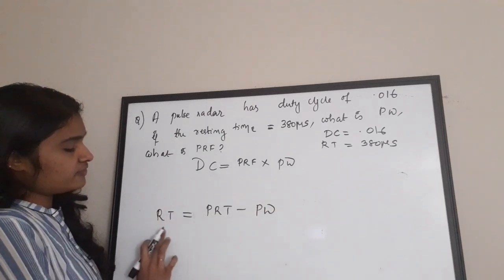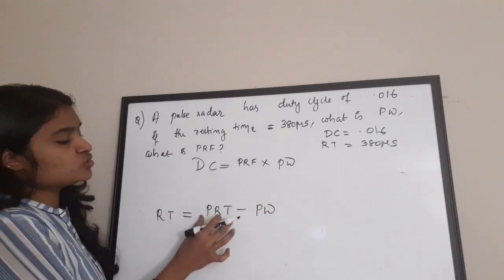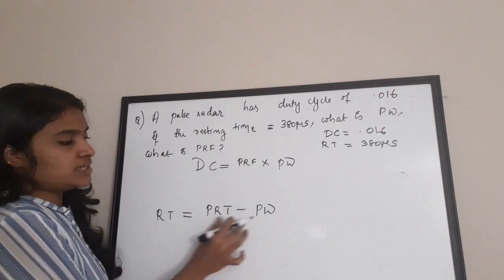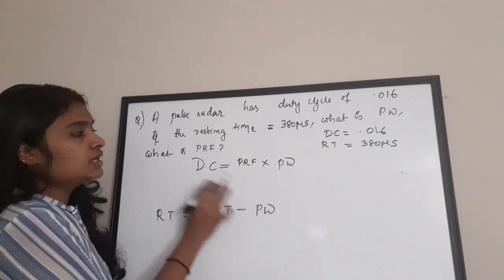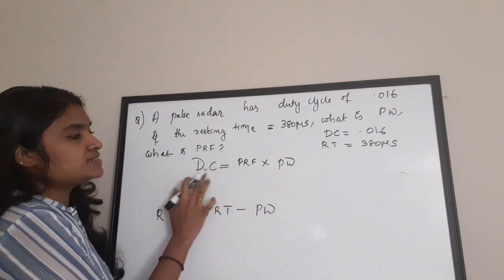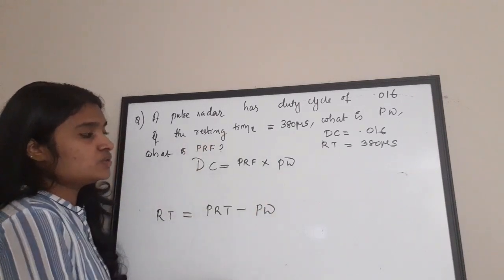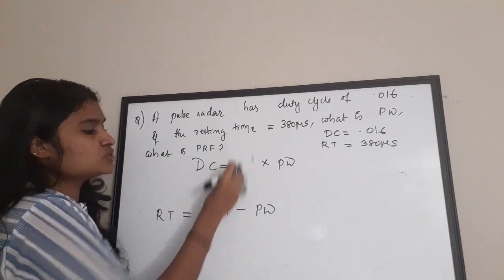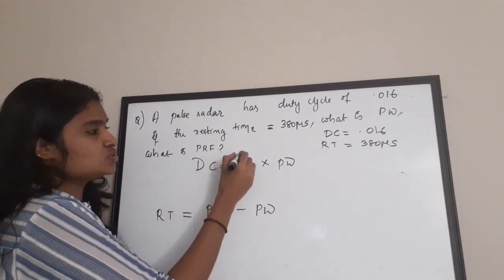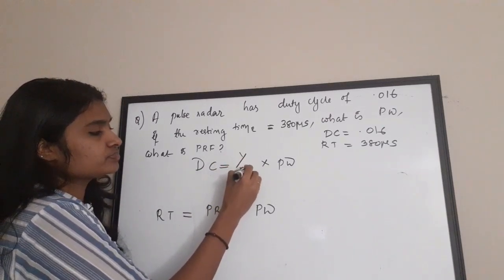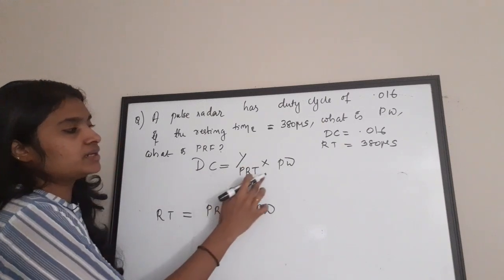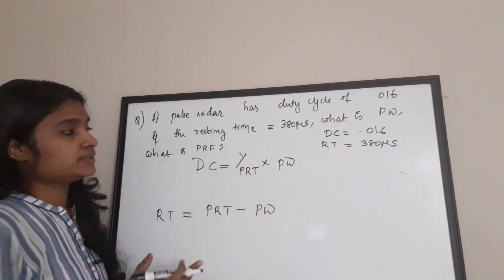So here we have RT in terms of PRT and pulse width. And also we have DC, duty cycle, equal to pulse repetition frequency into pulse width. So we can write this in terms of PRT so that we can equate. That is 1 by PRT into pulse width.